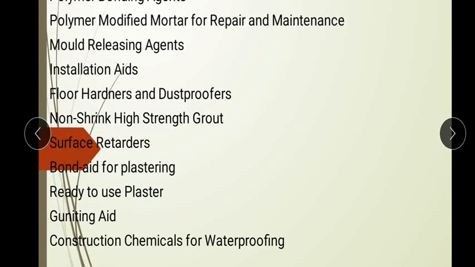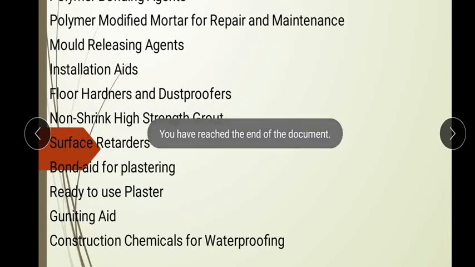So these are the things that we are using as admixtures, either a mineral, a plasticizer, or in chemical form. So this is about the admixtures we generally use. In the next video we will continue with concrete, fresh concrete as well as hardened concrete.